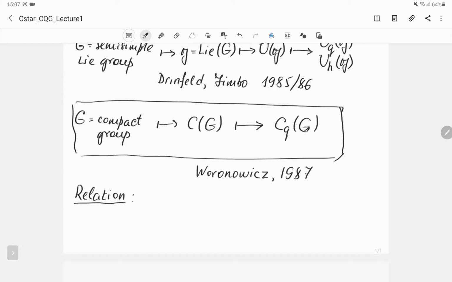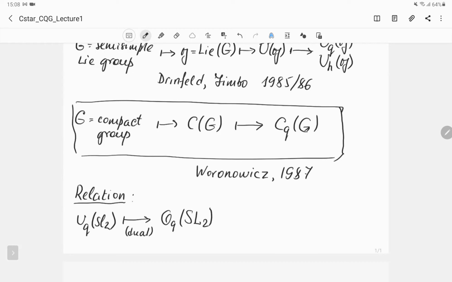For example, if we start with the quantized enveloping algebra of SL2, U_q(sl2), this algebra has a kind of Hopf dual, which is denoted like this, and is called the algebra of regular or polynomial functions on the quantum SL2 group.